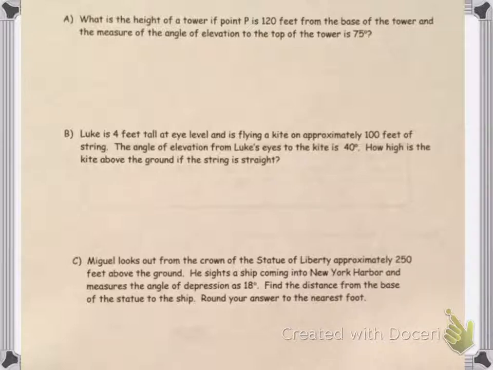Okay, what is the height of the tower if point P is 120 feet from the base? So draw your right triangle. What is the height of the triangle if point P is 120 feet from the base of the tower?